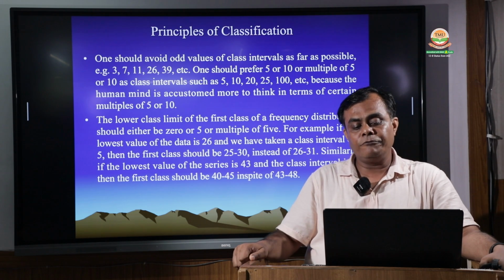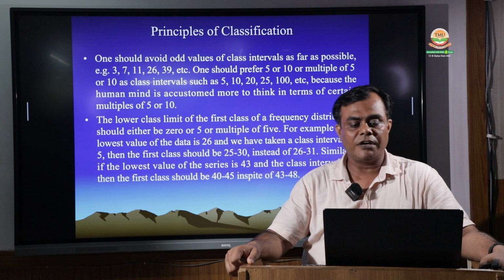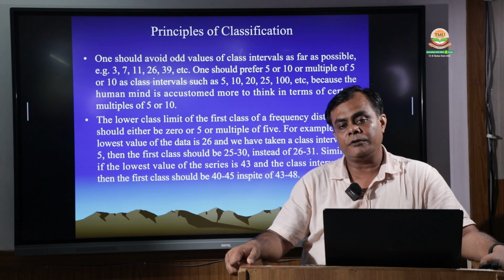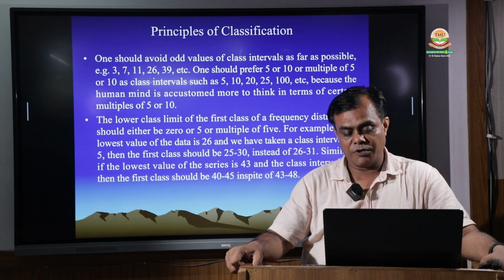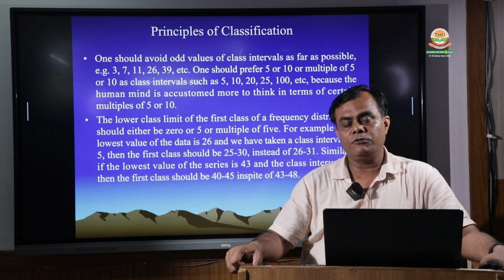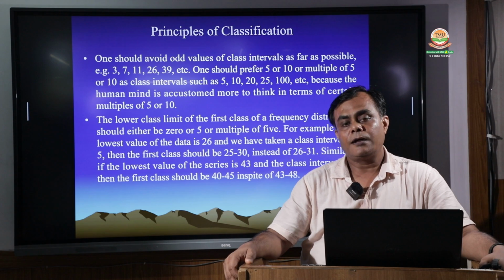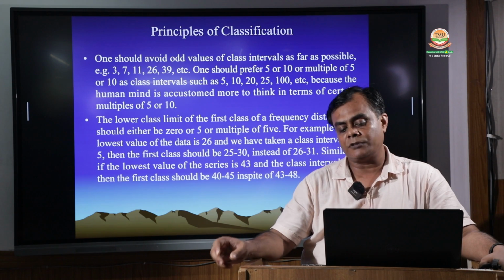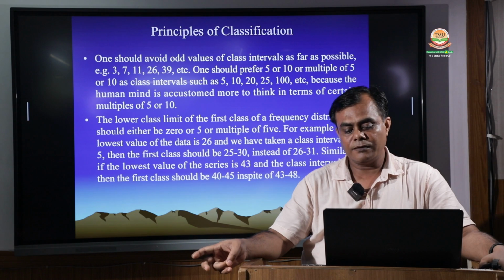So simply we are using 0 or 5. This is the principle of class interval, whether the data is an odd number or an even number. So suppose you have the number 27, for this you are not using 27 to 32.